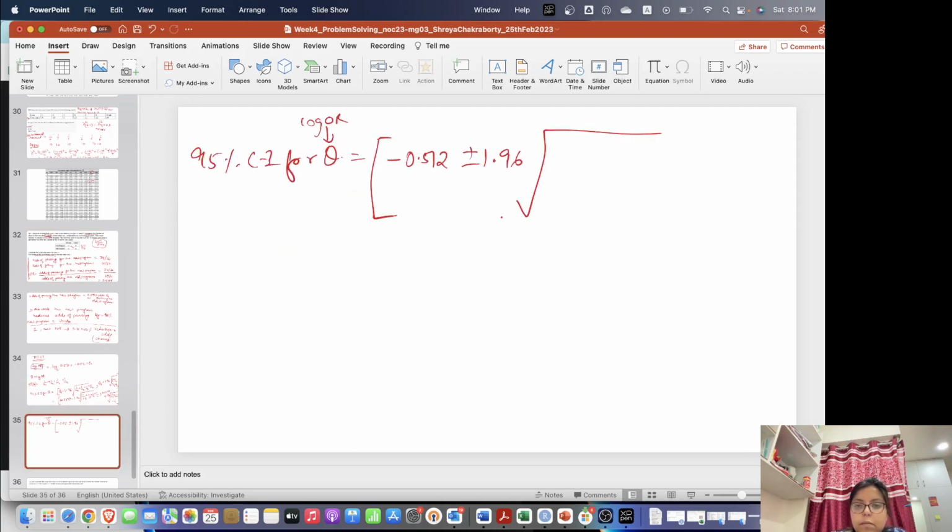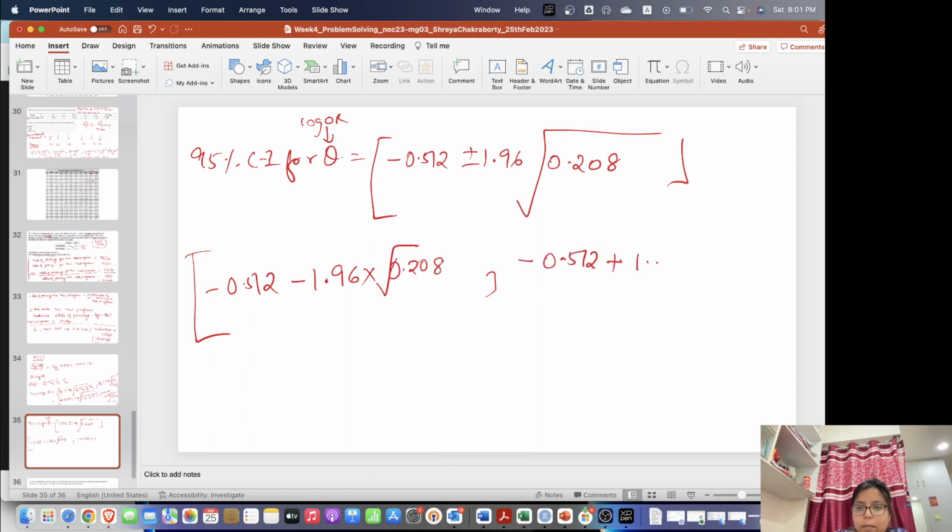So this will be 0.208. So the confidence interval is minus 0.512 minus 1.96 into root 0.208, minus 0.512 plus 1.96 into root over 0.208. So this will be into 1.96, minus 0.512 into 0.4409.